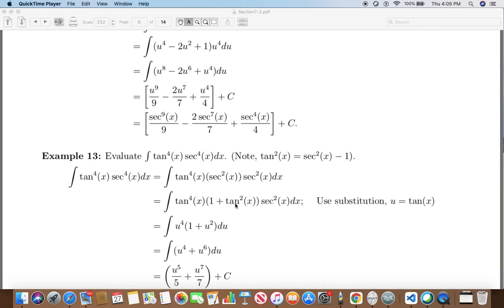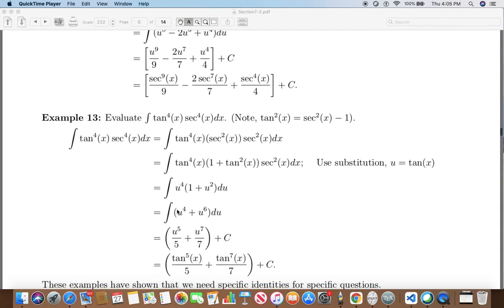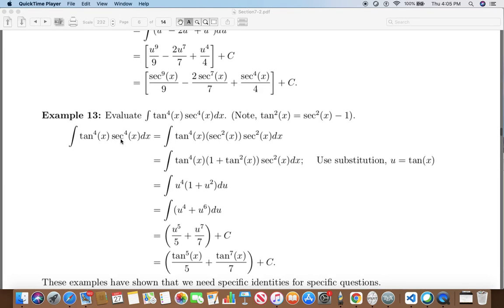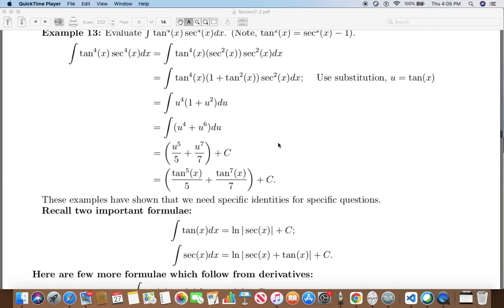So once we do that, this is du, this is u, and we continue. U to the power 4, so on and so forth. Replace u by tan. So what happened here? They were both even. So we took secant squared out and proceeded.